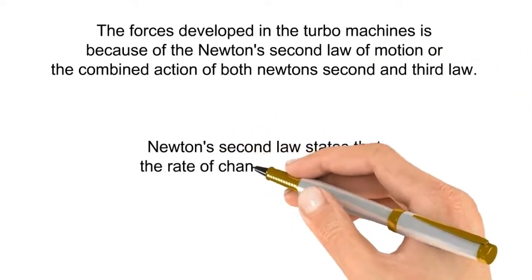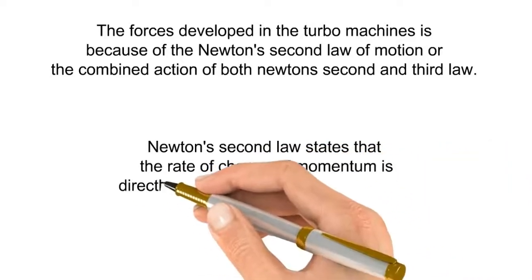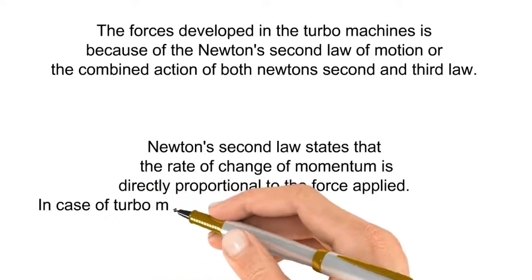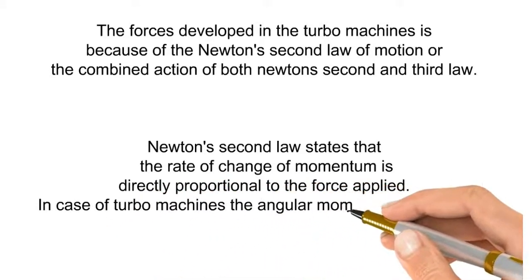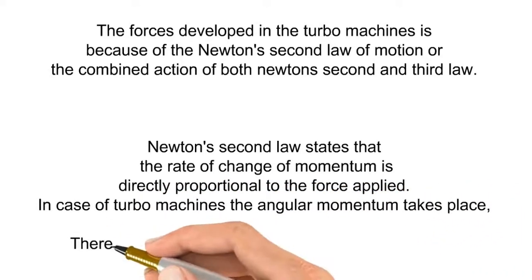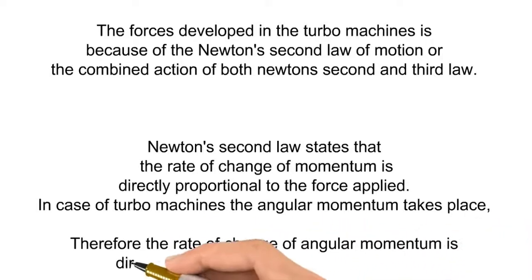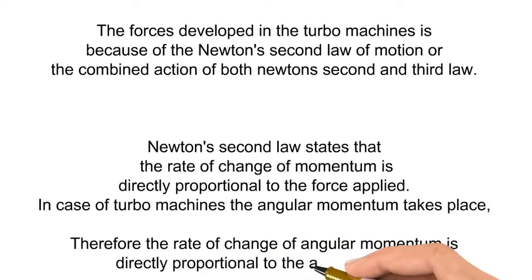So what is the force here? When a rotor rotates about an axis, there comes an angular momentum. If the angular momentum changes in a second, there develops a torque. So in case of turbomachines, the rate of change of angular momentum is directly proportional to the torque applied. This is the basic fundamental of the turbomachines.